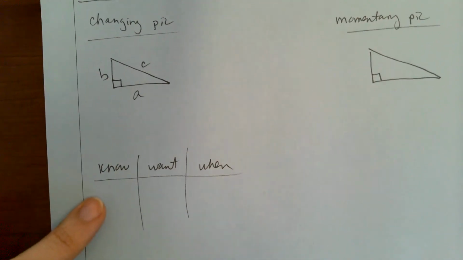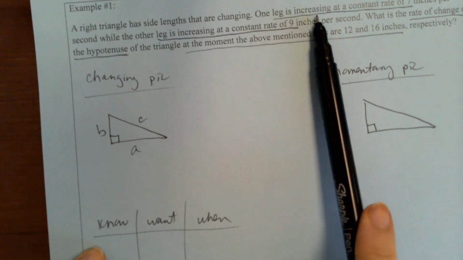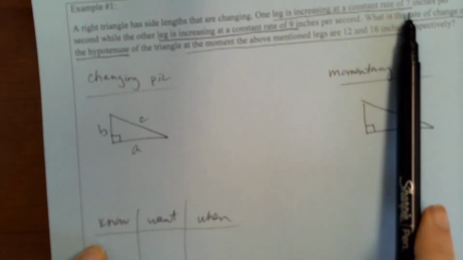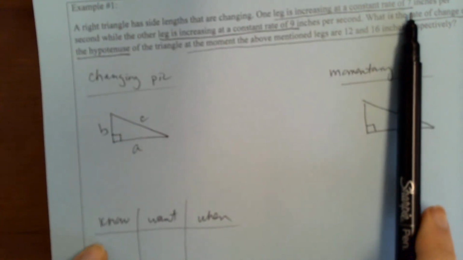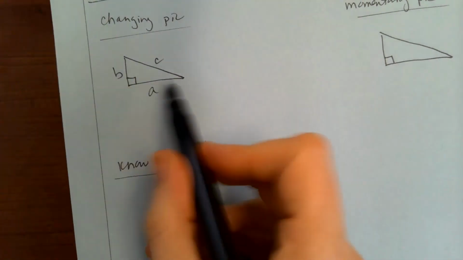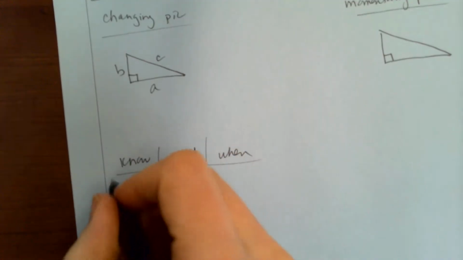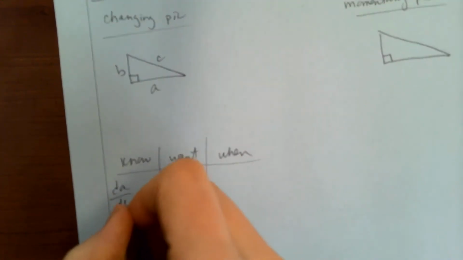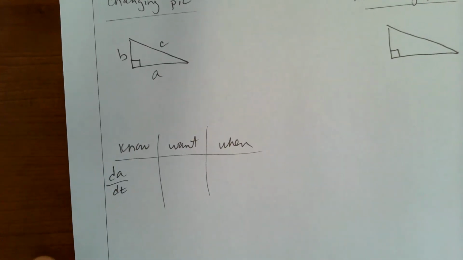All right, so what do we know? We know we've got a leg that is increasing at a constant rate of 7 inches per second. So we could just label one of these. Let's say that leg is A. So dA/dt. In these word problems, everything is changing as a function of time. Okay, so time is always the input variable.